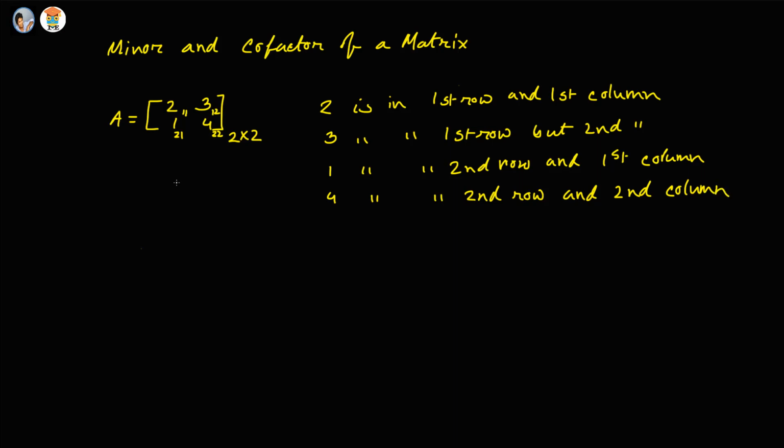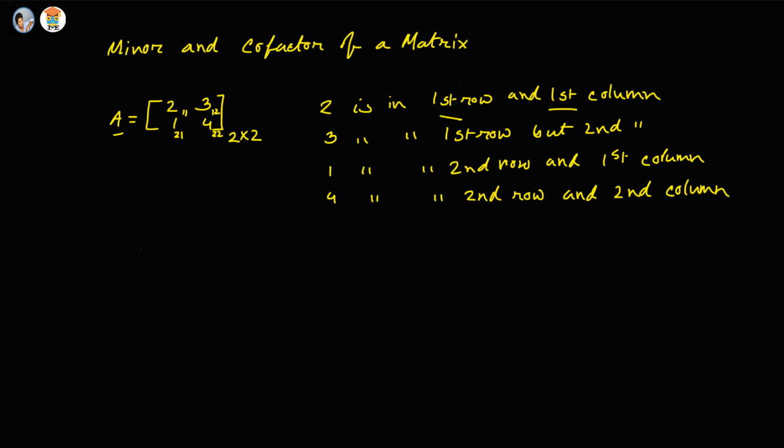Now, to find out minor, here we have to remember that each element in this matrix A has a minor. To find out minor, for 2 we have to exclude the row that 2 is in and the column that 2 is in. Therefore, we will exclude first row and first column.